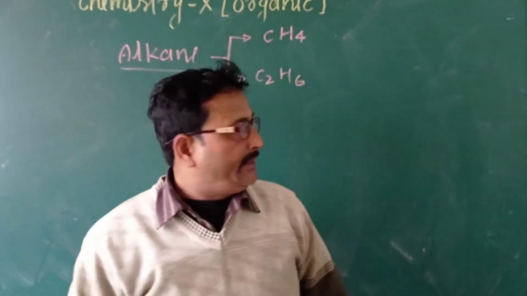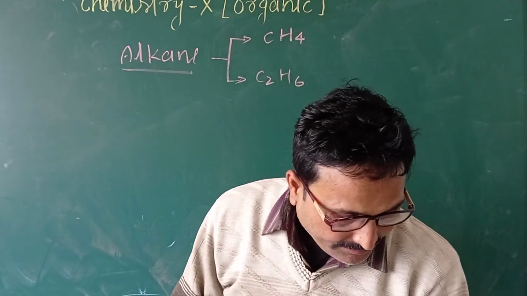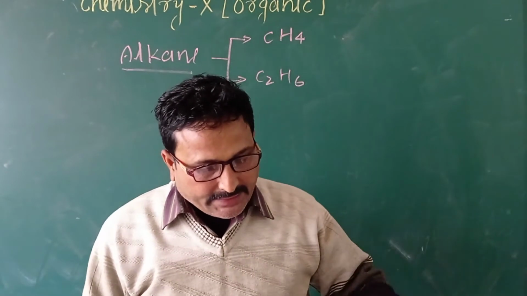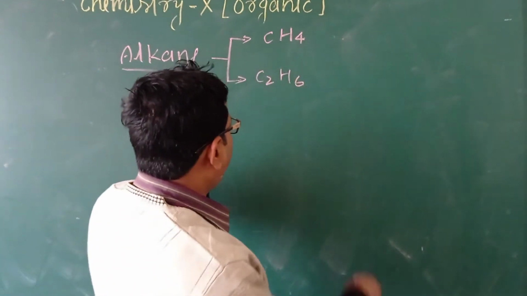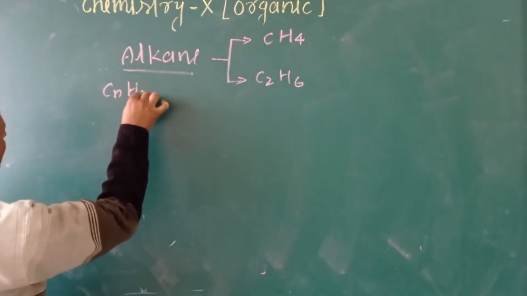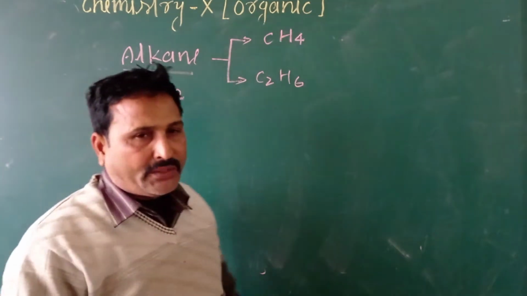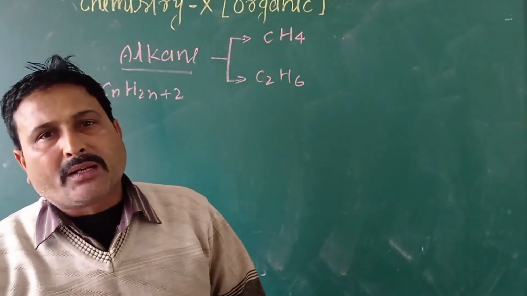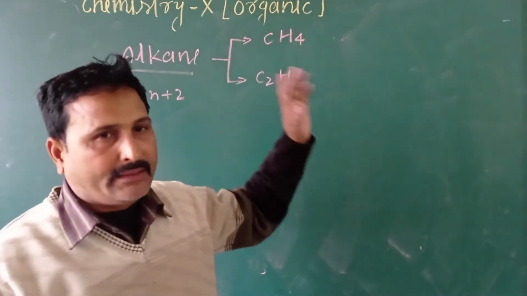The general formula is CnH2n+2. You can find this gas, mostly 75%, in marshy areas where natural gas or bacterial decomposition takes place.